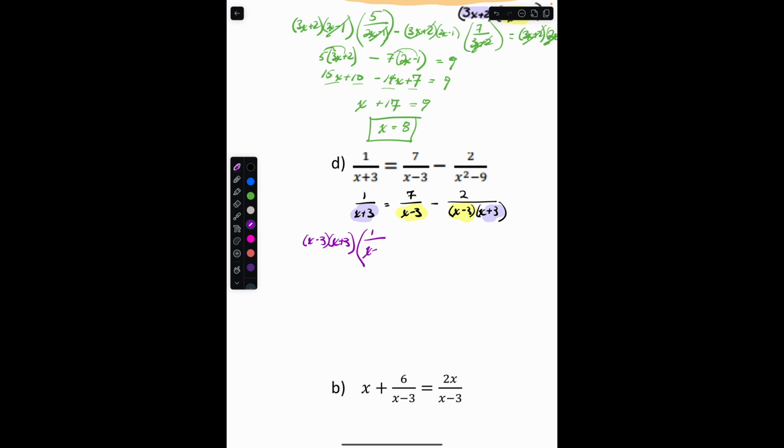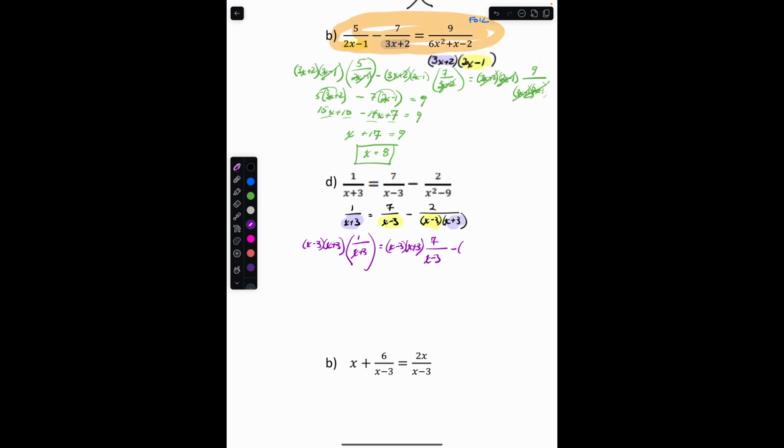x minus 3 times x plus 3 times 1 over x plus 3 equals x minus 3 times x plus 3 times 7 over x minus 3, minus x minus 3 times x plus 3 times 2 over x minus 3 times x plus 3.